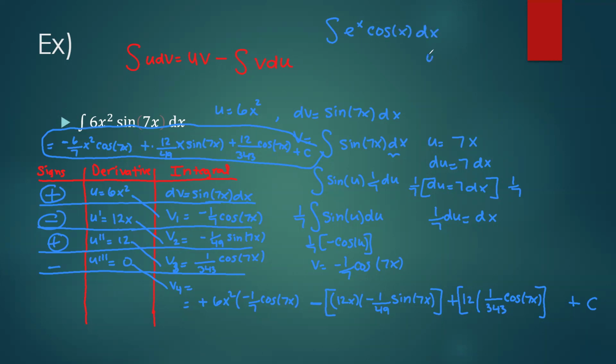If you set your u as cosine of x, your u prime will never become zero, so tabular method will not work for this. So you'll have to use another method. But this really does save time and errors if you have to do integration by parts more than once.